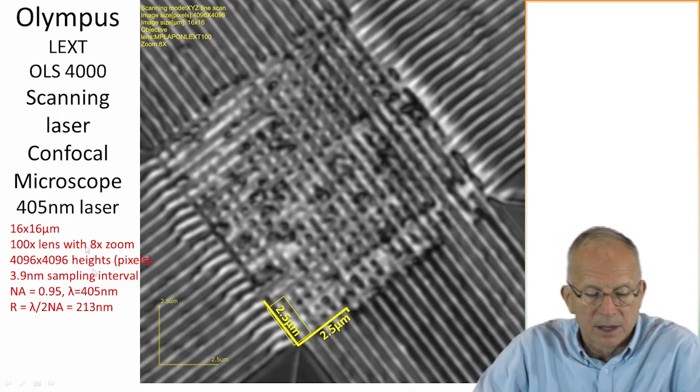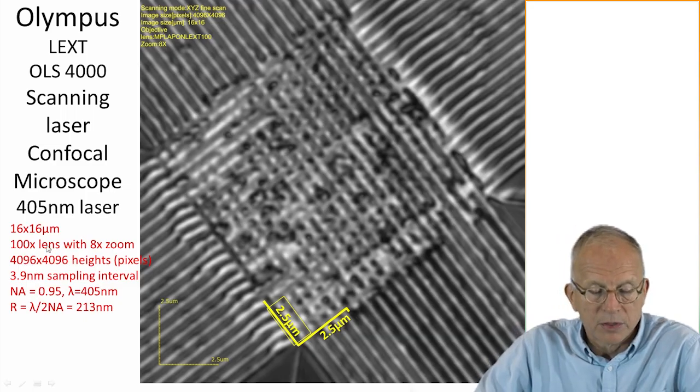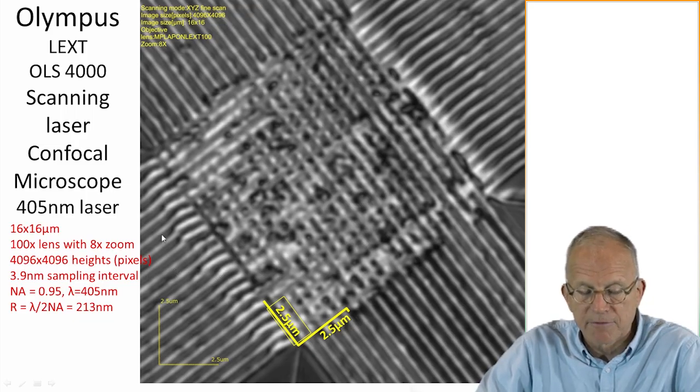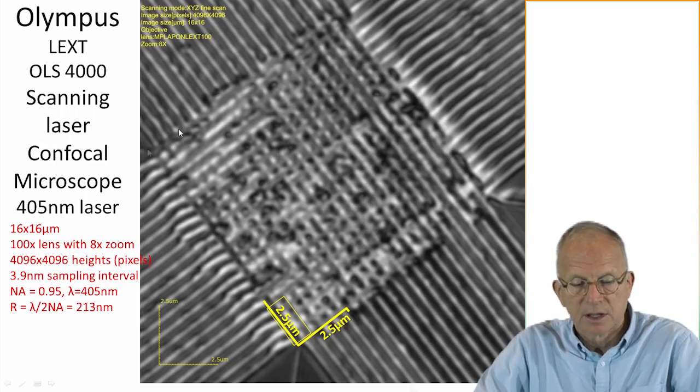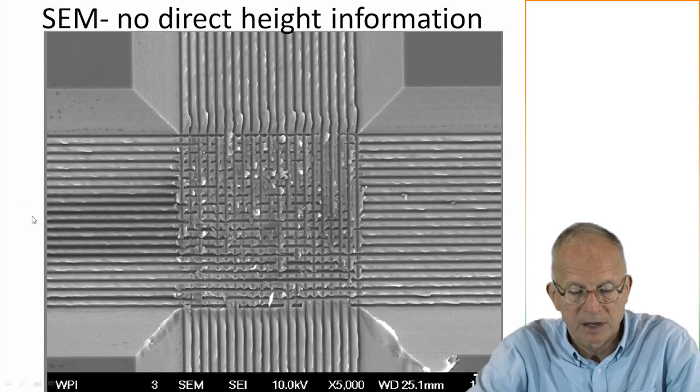Anyway, you can work it out. We can see these details. We can see burrs on these 500 nanometer ridges, and we can see some very fine features on this, which I said is remarkable given that the laser is 405 nanometers.